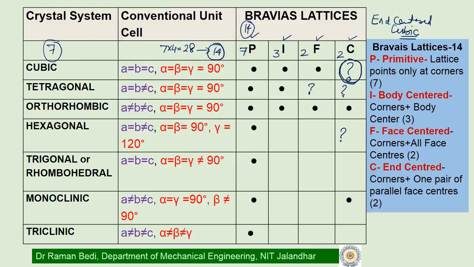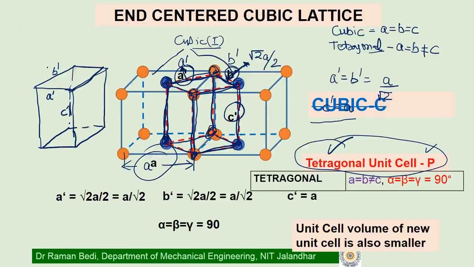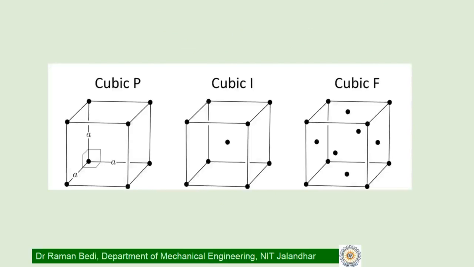You are retaining cubic F as well as tetragonal I, whereas what you just described here is that a cubic F system can also be represented by a tetragonal I system, but we still retain that.